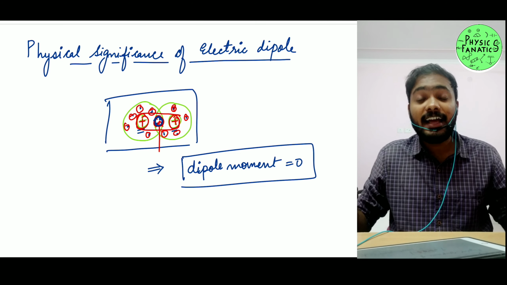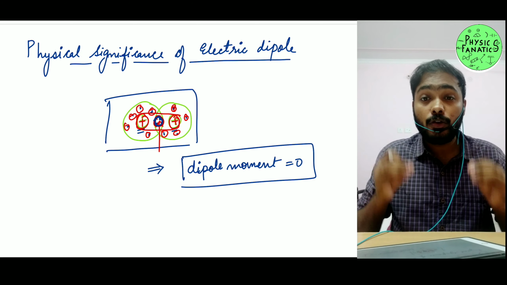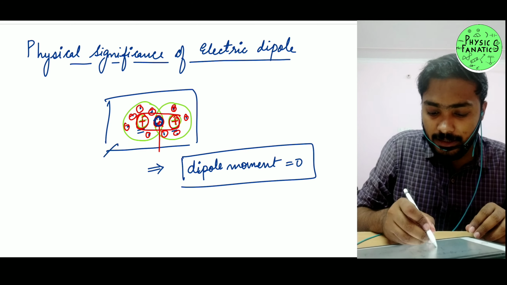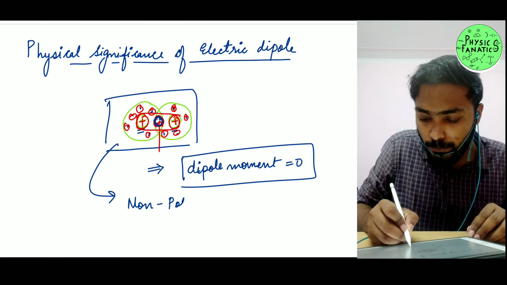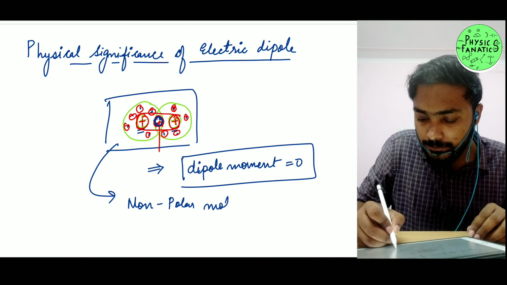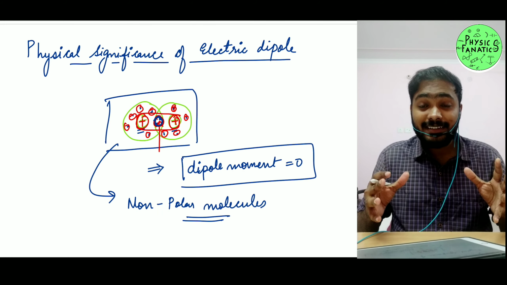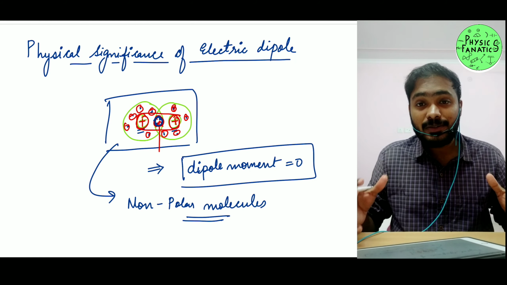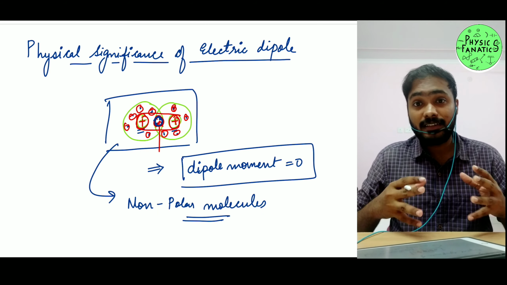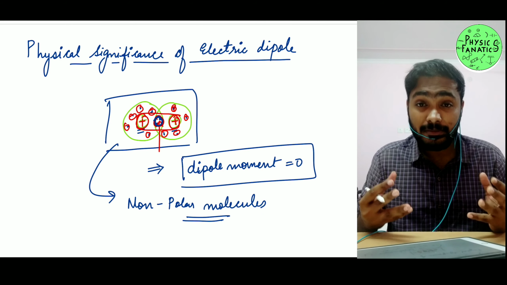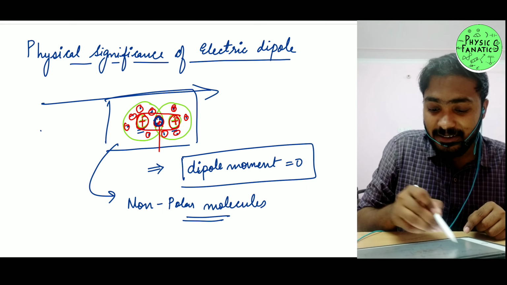Yes or no, right? And we call these kinds of molecules non-polar molecules. Okay, now does that mean all the non-polar molecules have zero dipole moment, or can you give these molecules some dipole moment? Yes, you can, if you provide it with some electric field.